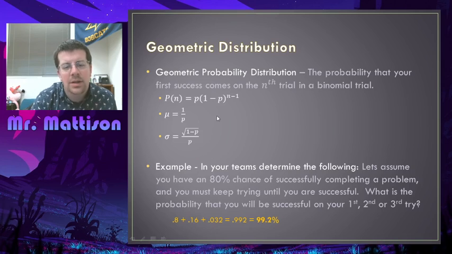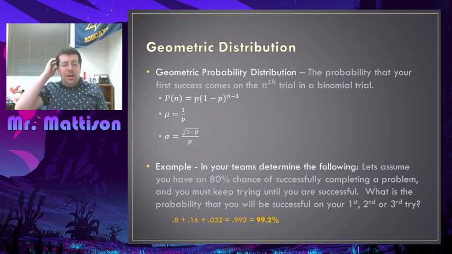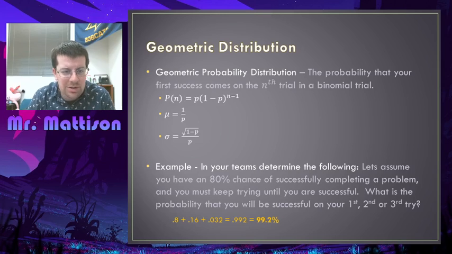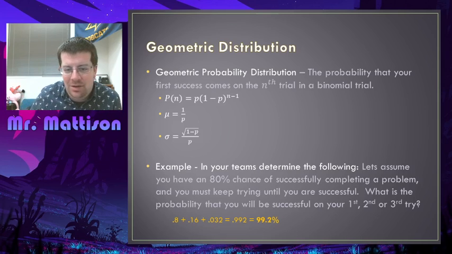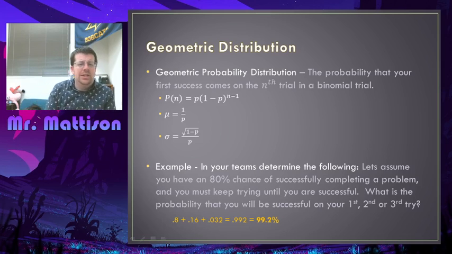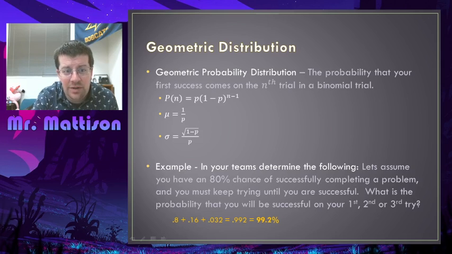If I add all of those up, 0.8 plus 0.16 plus 0.032, you get 0.992, saying that there's a 99.2% chance that you're going to get it right within your first 3 tries. And a very good chance that you'll get it on your first try, in fact. So that's how we use these. You can hopefully see where this distribution would be useful.